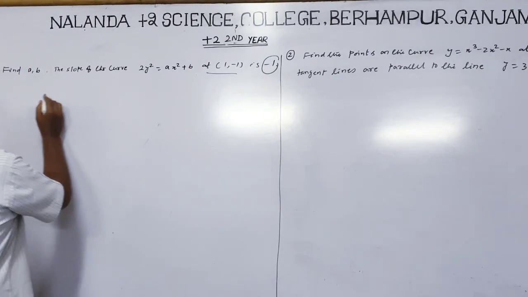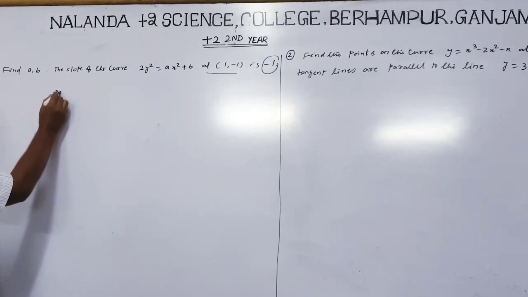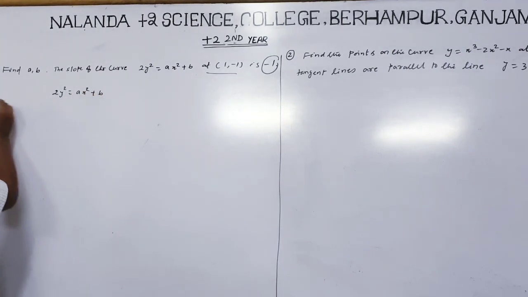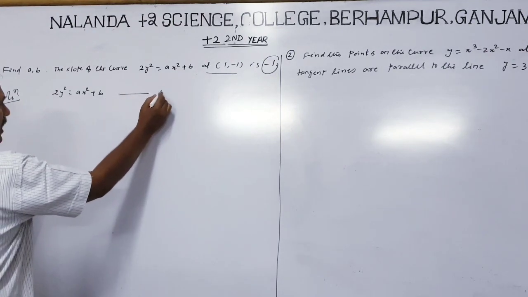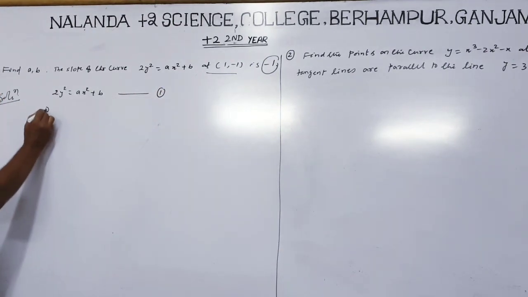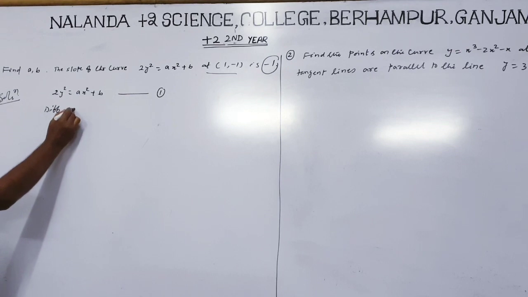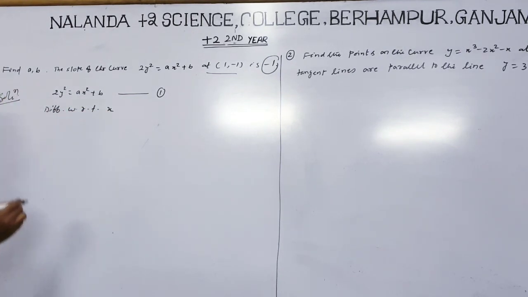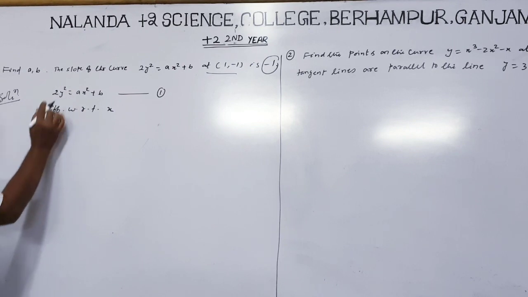Now first, given 2y square equals ax square plus b. Suppose this is equation number 1. Differentiating with respect to x: what is the derivative of y square?